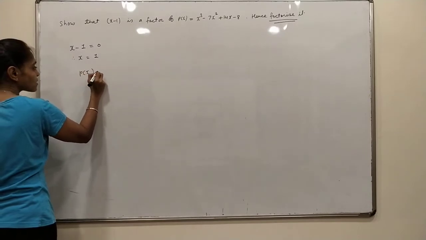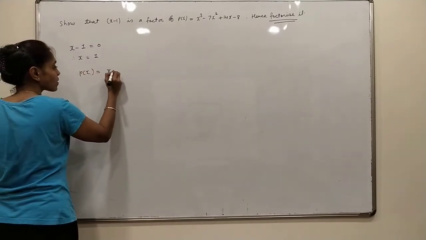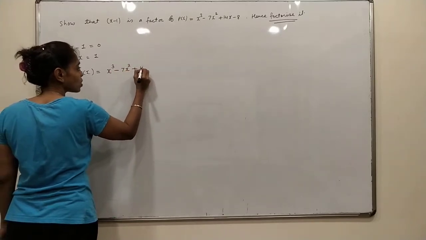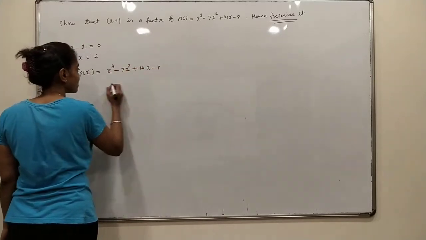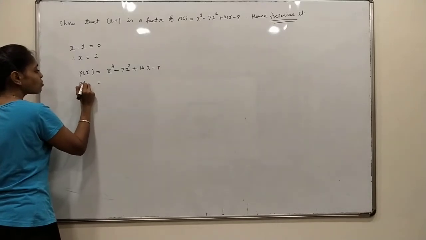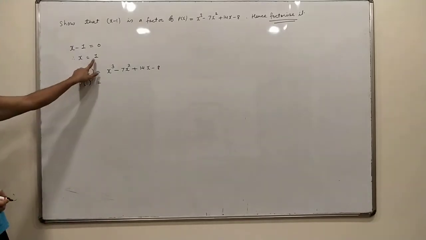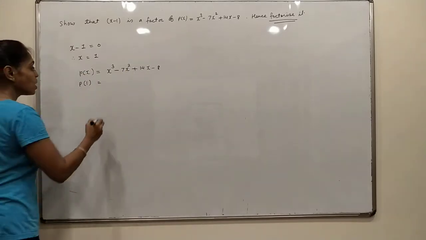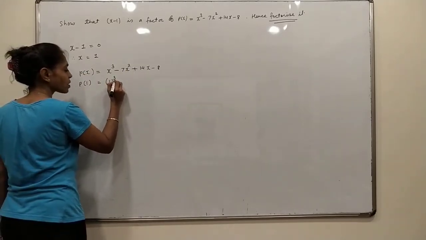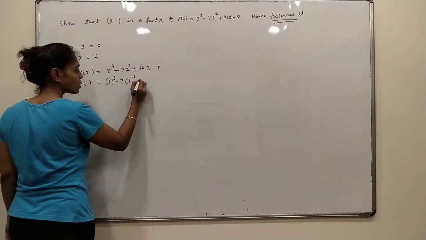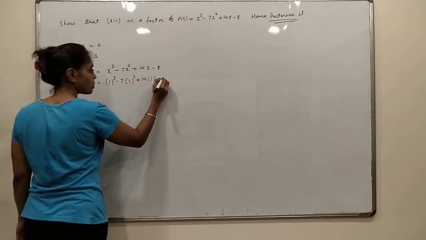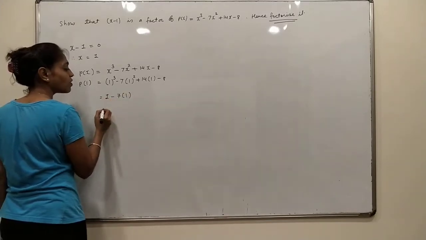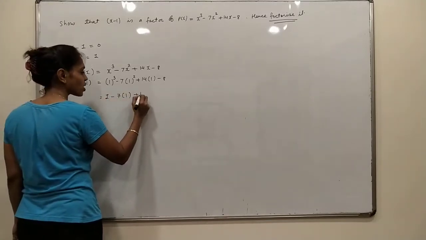Show that x minus 1 equal to 0, so x equal to 1. Now p of x equal to x cube minus 7x square plus 14x minus 8. Now p of 1: where there is x, put 1. 1 cube minus 7 into 1 square plus 14 into 1 minus 8. 1 cube is 1, 1 square is 1, 14 ones are 14.